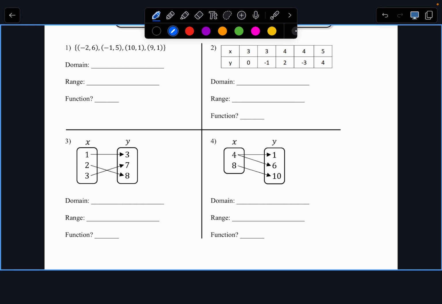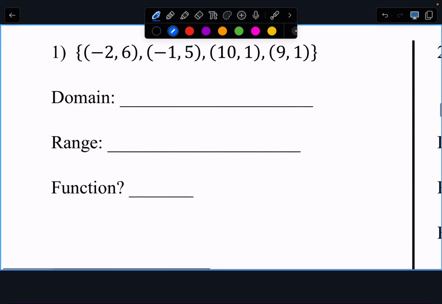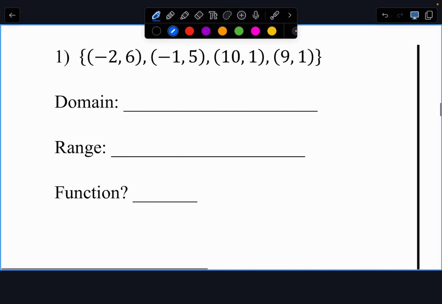Okay, so in example 1, the domain are all of the inputs. So -2, -1, 9, and 10 would be our domain because those are all of the inputs for this relation.